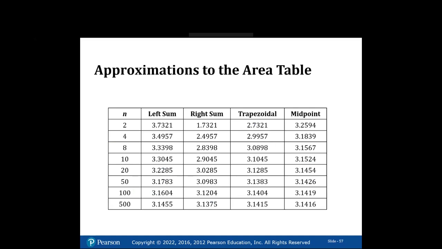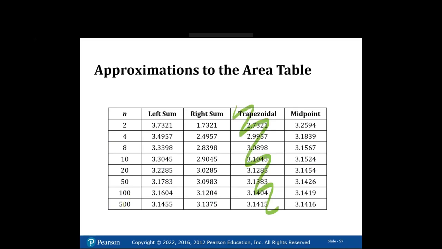So here is a table letting you know the results if I use the left endpoints, the right endpoints, the trapezoidal rule, which you guys don't really have to worry about, and the midpoint. And n means how many rectangles I am using.